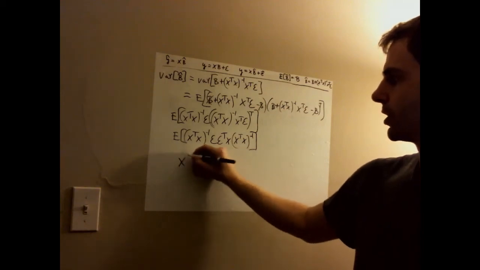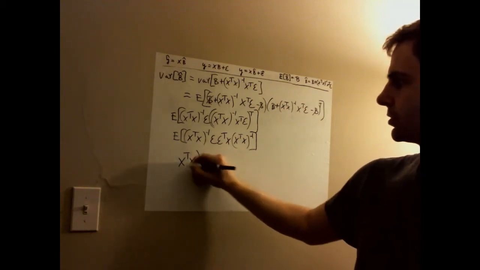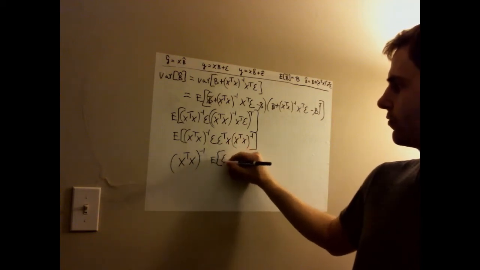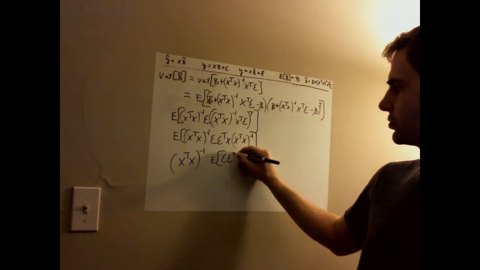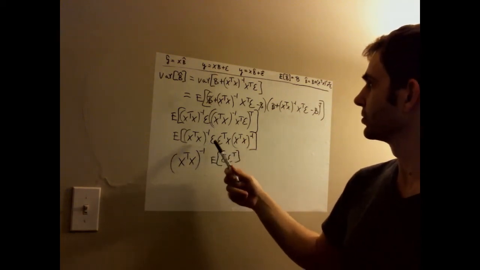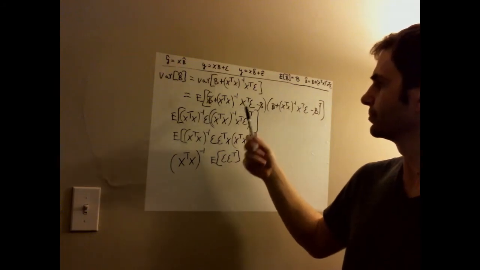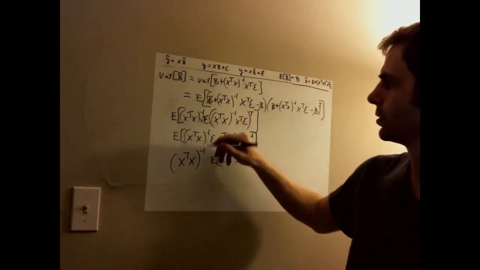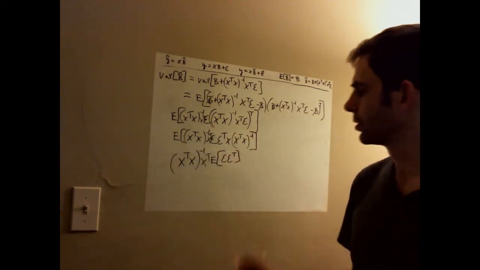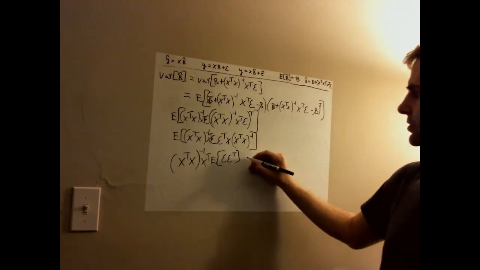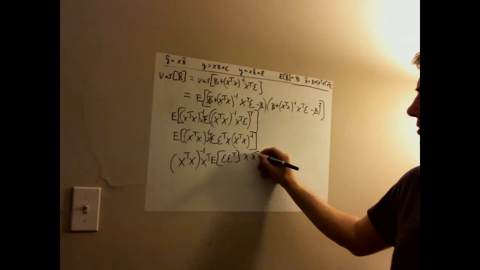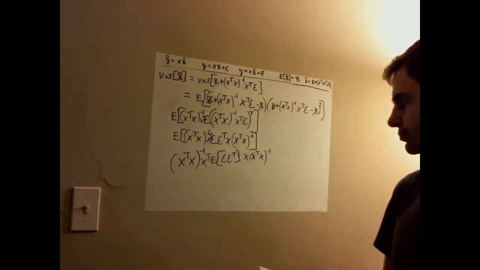So we end up with (X transpose X) inverse times X transpose times the expected value of eta eta transpose. I'm clearly missing an X here; somehow I just forgot to write it. And then this gets multiplied over here by (X transpose X) inverse.